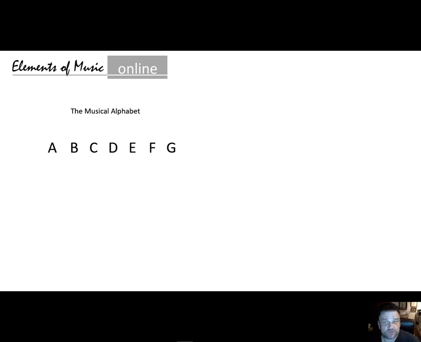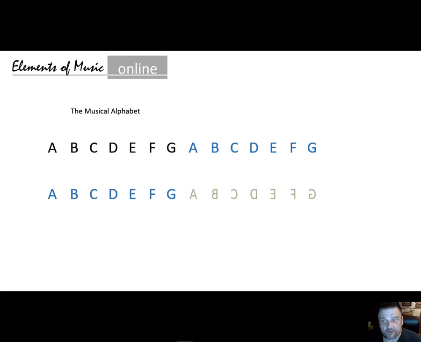In fact, what happens is it repeats itself again and again and again. It's always like this, A through G, and then it starts over. In fact, there's this old adage that says that if you know your ABCs up to G and you can count to 4, you can read music. Of course, that's not all there is to it, but that is essentially the truth.